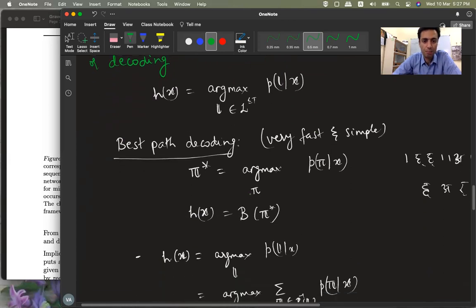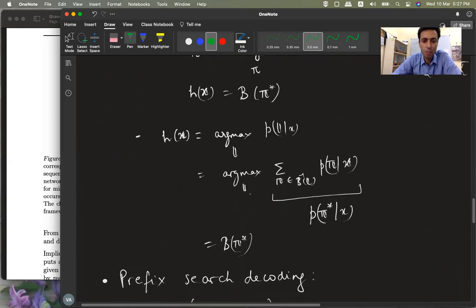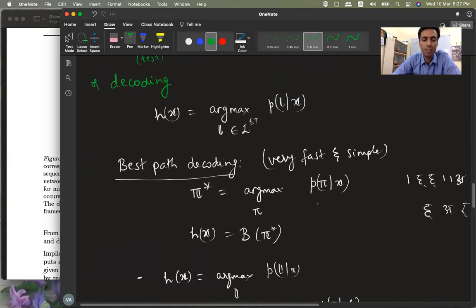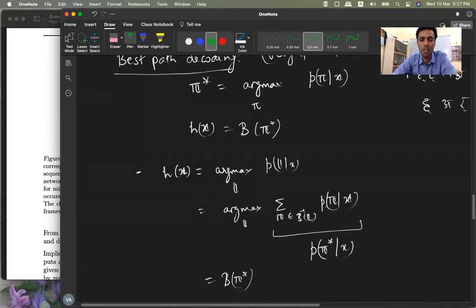So one way is best path decoding, the other way is prefix search decoding. Best path decoding is simply you don't maximize the whole joint probability, but you assume that this joint probability is an independent distribution, and then you just maximize with that independence assumption.